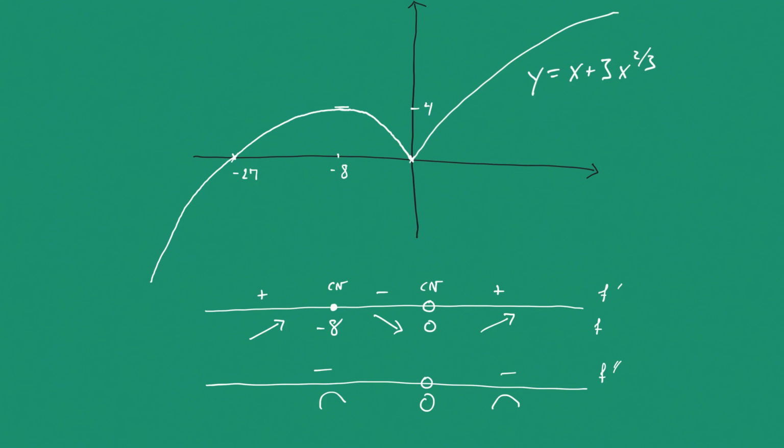And notice that in this case, we had this cusp here at the origin, and that's not really surprising because remember, at 0, we had the sort of critical number where we were, of course, at a point in the domain of our function, but where the derivative did not exist. So no surprise that we have this cusp here, and that was because we decreased towards here and were concave down, then increased beyond here, but remained concave down. That created this cusp. All right. So that's what this function looks like. Wow.